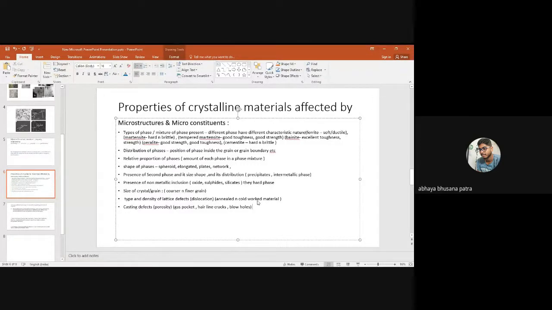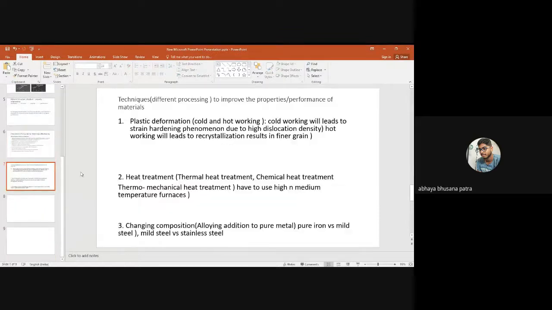So the crack will initiate from there only. The distribution of stress is non-uniform. But if a material has no porosity, then the distribution of stress will be good. If a material has some second phase particles or hard phase particles like inclusions, a crack may initiate from there because of high stress concentration, which is called a stress riser. Okay, I think everybody has understood up to this.